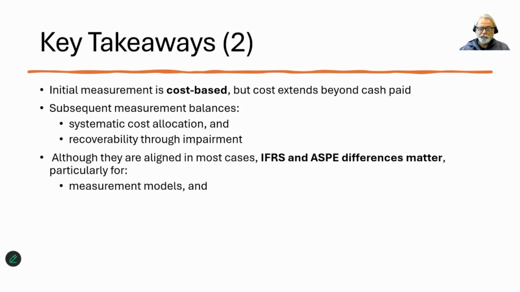So ASPE is much more limited in that context. And the loss recognition when asset exchanges occur, and we saw that in the example relating to commercial substance being missing. So when there's no commercial substance, we cannot write an asset for more than its fair value.